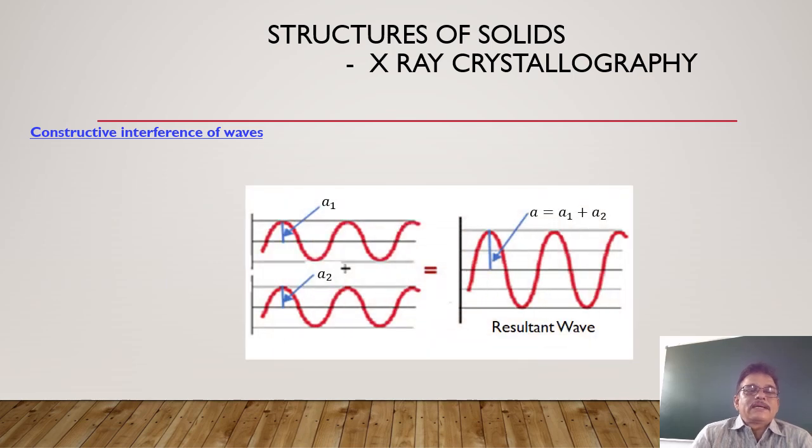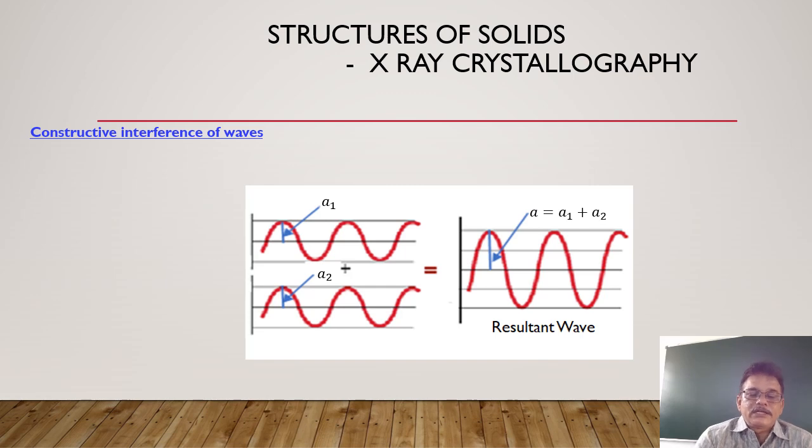What is meant by constructive interference? If two waves superimpose each other in such a way that the crest of the first wave superimposes with the crest of the second wave, and similarly the trough of the first wave superimposes with the trough of the second wave, then the interference is called constructive interference.